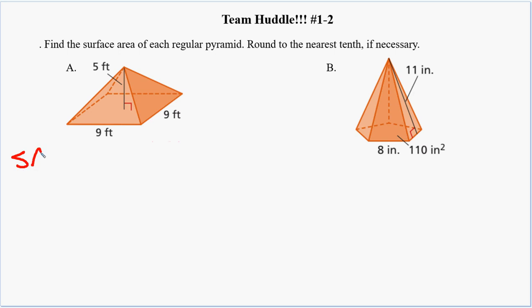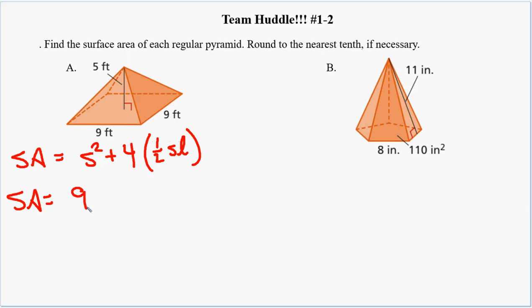Okay, in the first one, our surface area equals, now it's a square base, so we could do side squared, plus we're going to have 4 sides. Each side is a half S times L. Okay, surface area equals our base side.